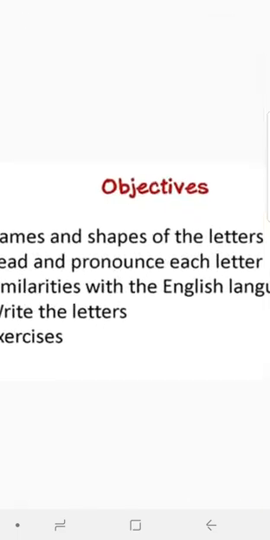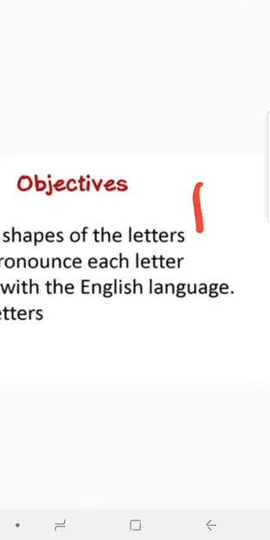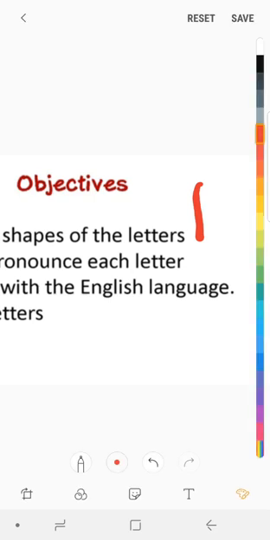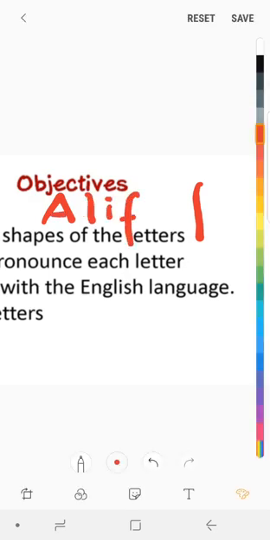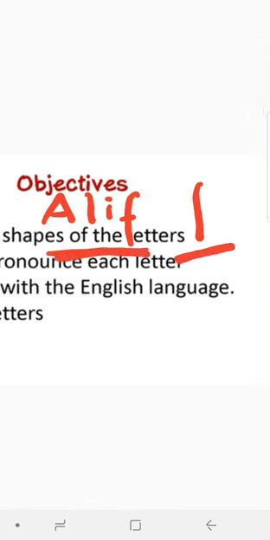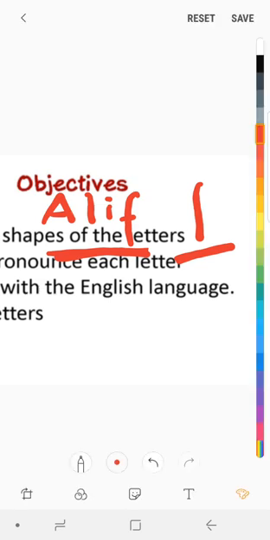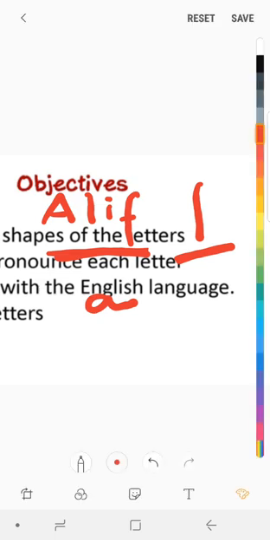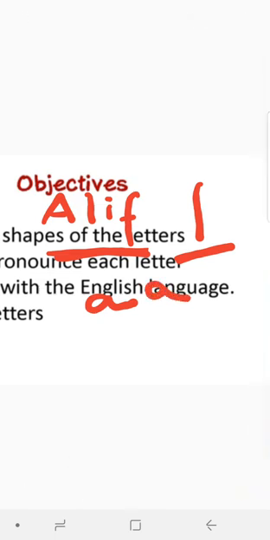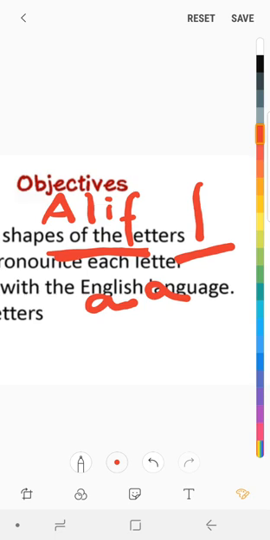Similarly, for example, we have this letter. This is the shape of the Arabic letter, and its name is alif. This is the name of this letter, alif. And this is its sound.